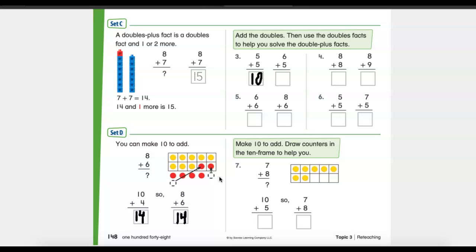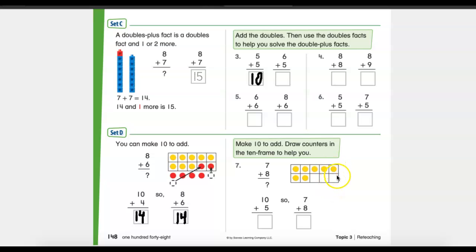So now, if you were to do the same for number 7, it tells you to make 10 to add. Draw counters in the 10 frame to help you. If we are adding together 7 plus 8, in our tens frame, we have 5, 6, 7. So now you need to draw in 8 in and outside of the 10 frame.